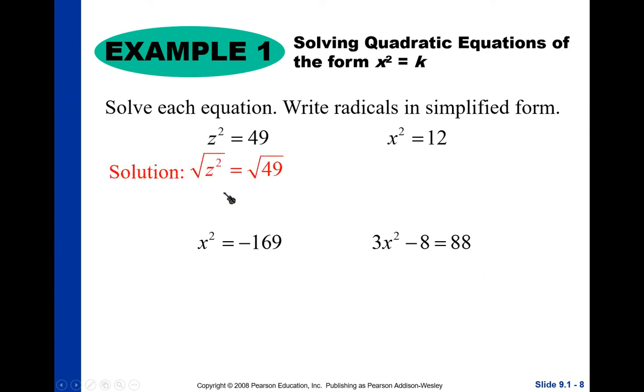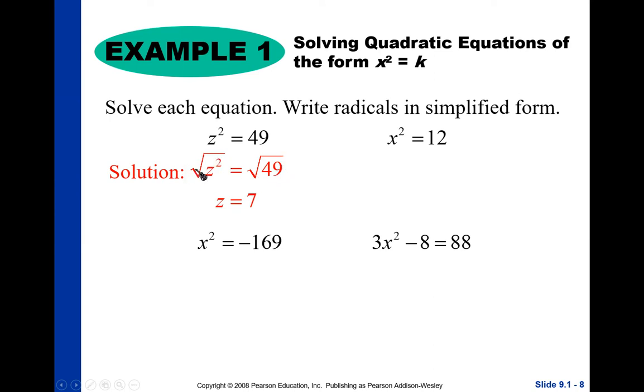Solution sa una. So, simple lang ang ginawa nyo. Square root of z squared is equal to square root of 49. Then, that's automatic. z is equal to 7. Paano po nangyari yan? Para po matanggal yung squared niya, nilagay natin siya ng square root.